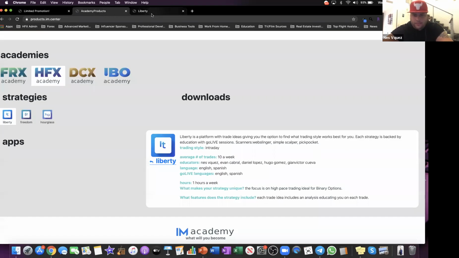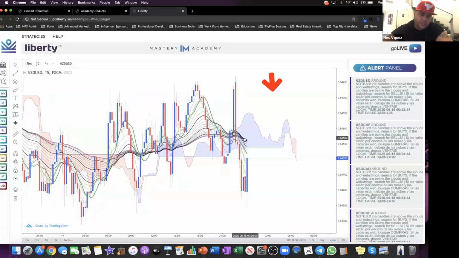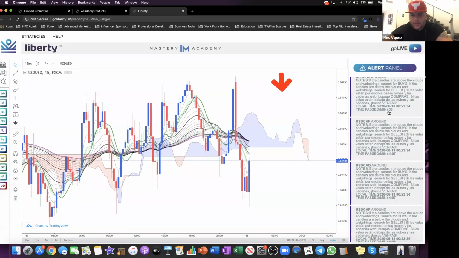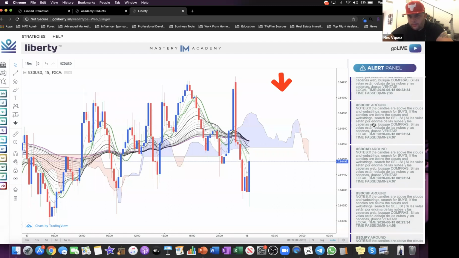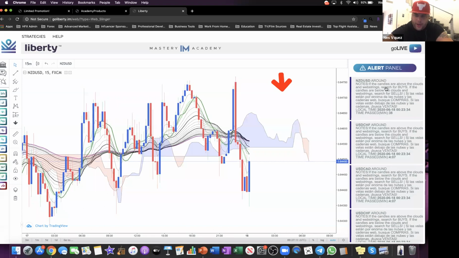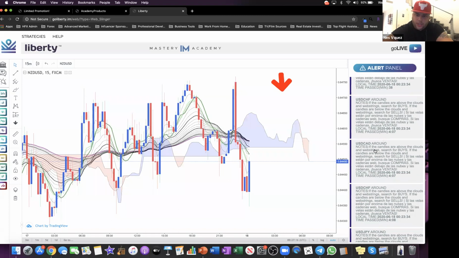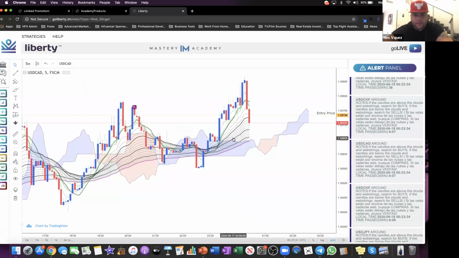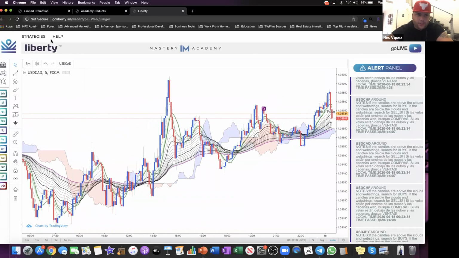And with that said, I should definitely be seeing the market go in my direction within 3 candles. Very simple. Now all these currency pairs that you see over here, all these trade ideas on the alert panel are clickable. So you can literally click on it and it'll bring you to that currency pair, right? And this is for all of the scanners, which is really cool.